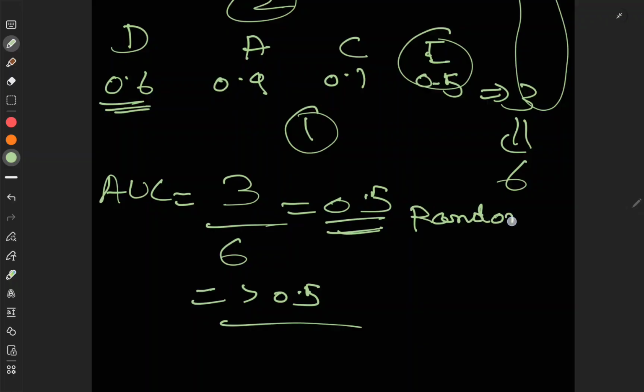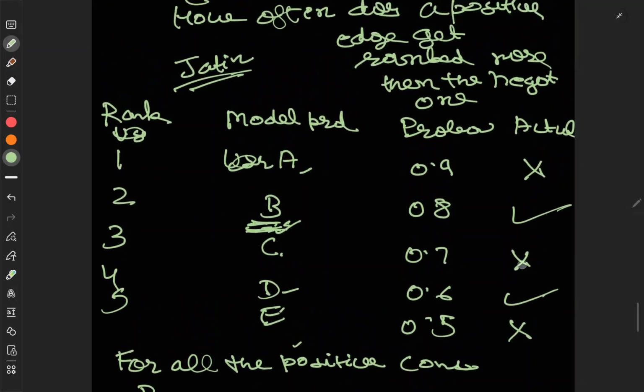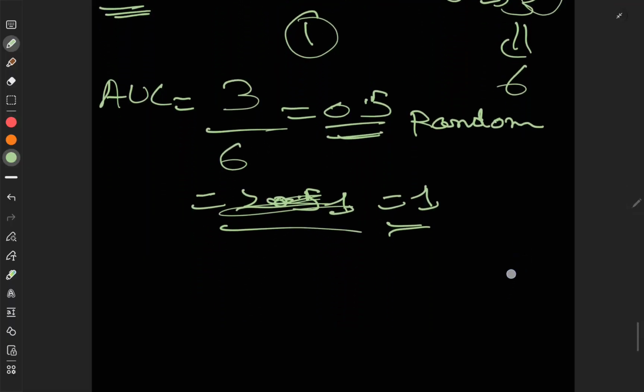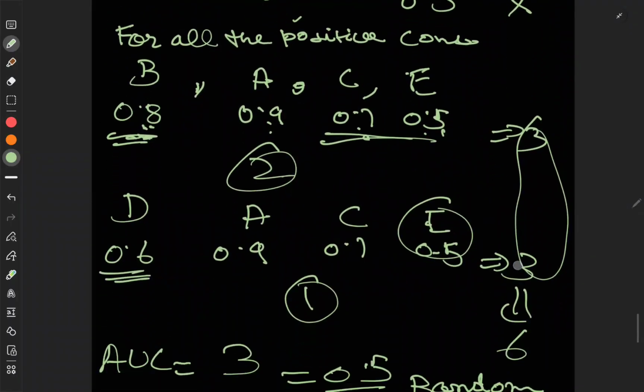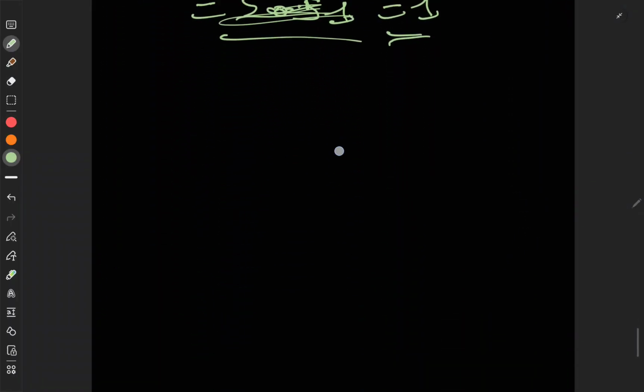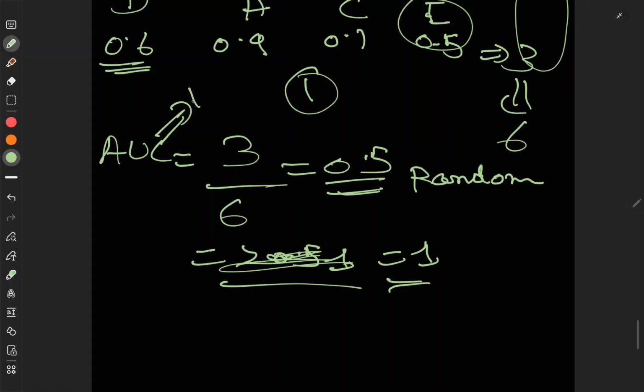If your model is perfect, it should be roughly 1. The closer to 1, the better. So these 3 metrics can be used for your evaluation. AUC only tells you about the ranking quality, while precision at K and recall at K would never tell you about it. Ranking quality really matters.